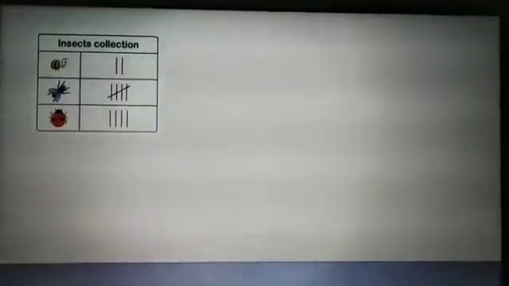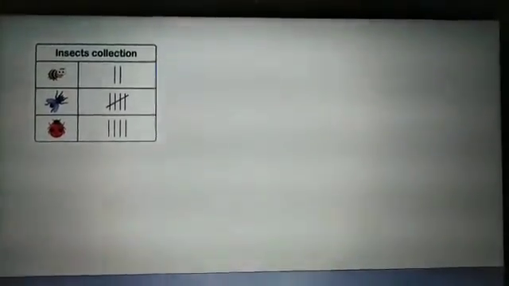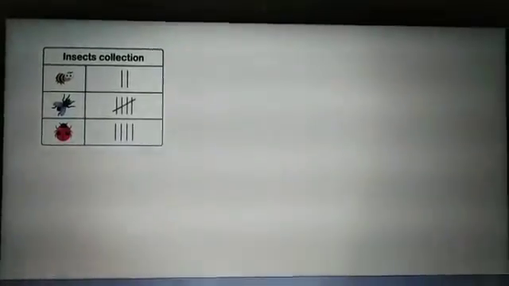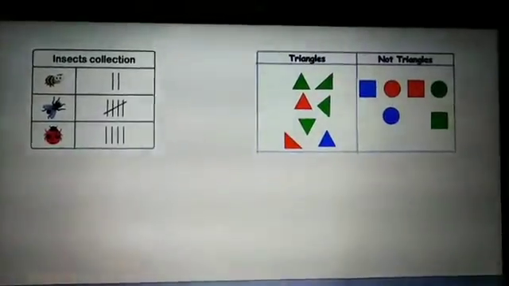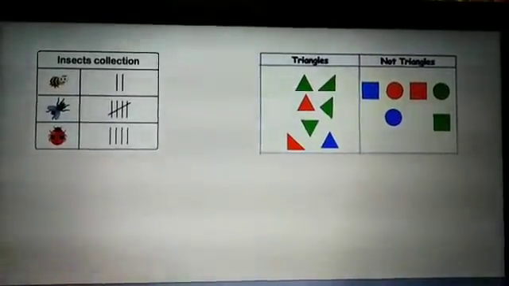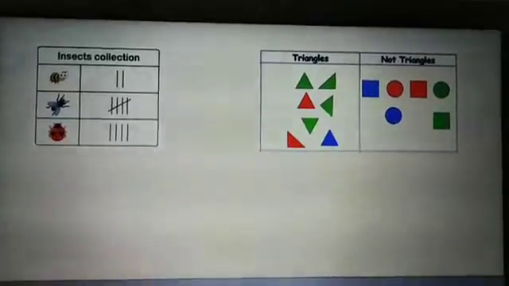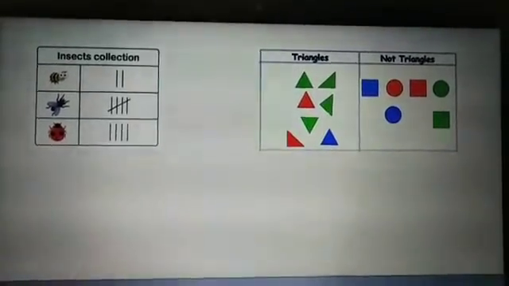Type number 4 was tally charts. Tally charts are similar to lists and tables. The only difference is that in tally charts we use tally marks instead of numbers to organize or show our data. We also studied Carroll diagrams, and we said that in Carroll diagrams we must have a table with two groups.